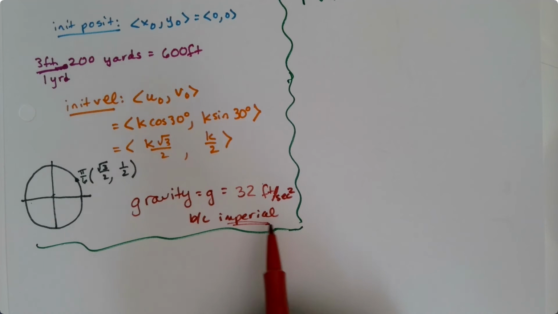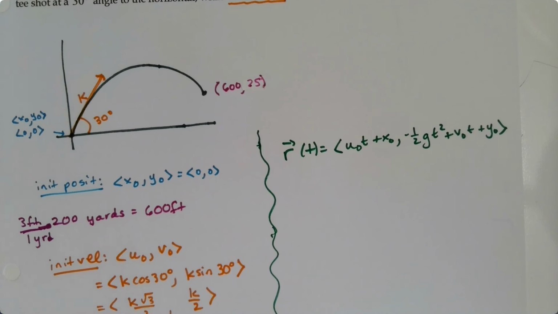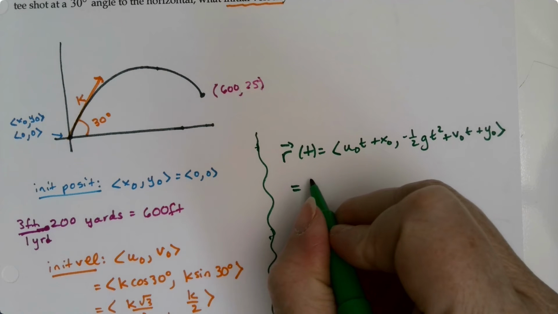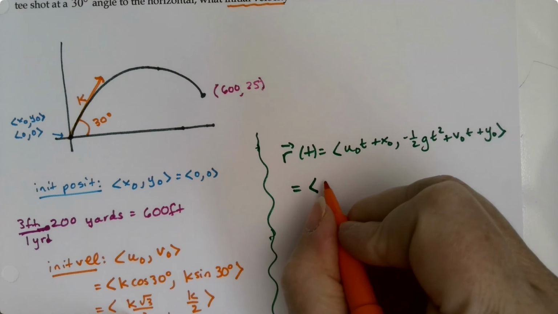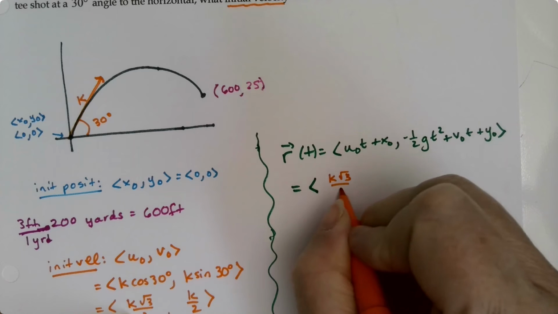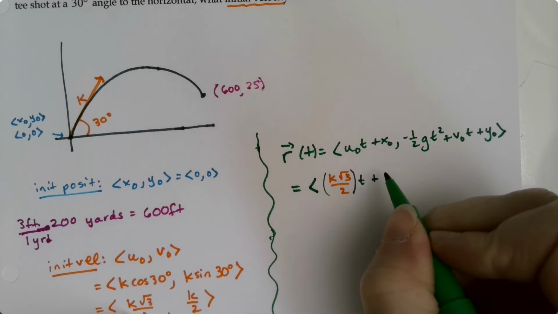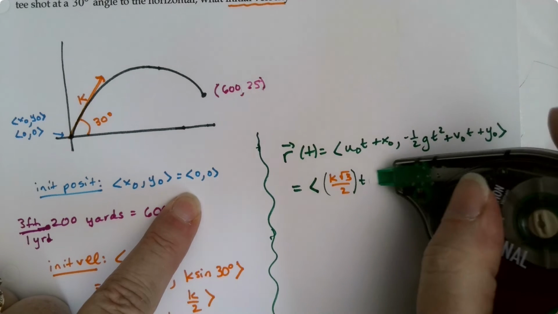All right, so in the imperial system, which is feet and yards, that's going to change things just in terms of the negative 1/2 g. So u0 would be k times the square root of 3 over 2 t plus x0, which is 0, so I don't have anything to write there.